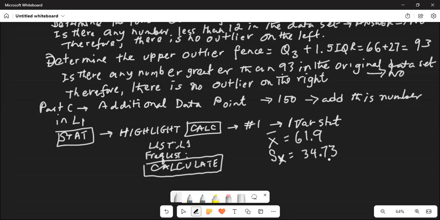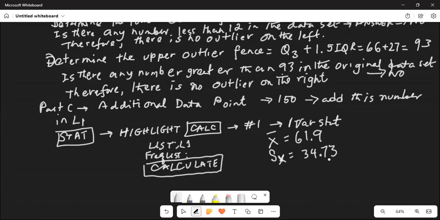Okay, to summarize what I did, I entered all the data in L1 of the calculator, calculated the mean and standard deviation. I also calculated the 5-number summary, from which I calculated the interquartile range, which is Q3 minus Q1. Then I multiplied the interquartile range by 1.5. From the first quartile, I subtracted 1.5 times IQR to establish the lower outlier fence, and checked if there is any number smaller than it, which is not true.